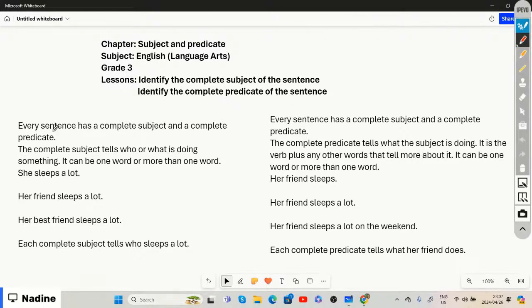Remember, when we write, the sentence starts with a capital letter, but every sentence has a complete subject and a complete predicate. So the complete subject, right? It tells us who and it tells us what is doing something.